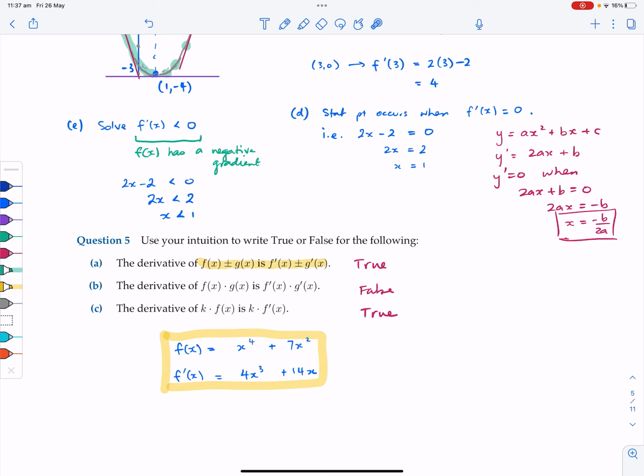So this is the sum of two functions, and to get the derivative, we just take the sum of the two derivatives, right? It works perfectly well. I could go into more detail about why, but that would take a while, and I don't want to do that.